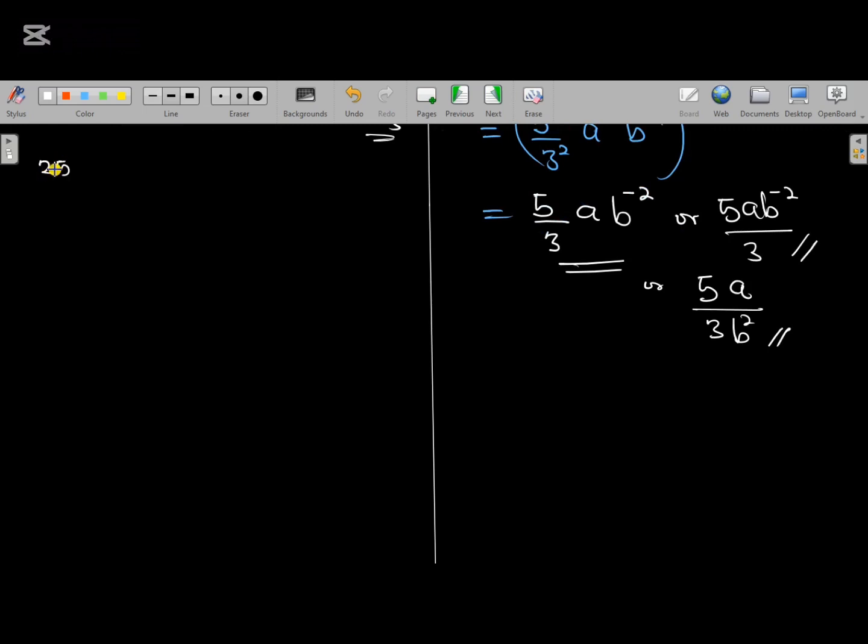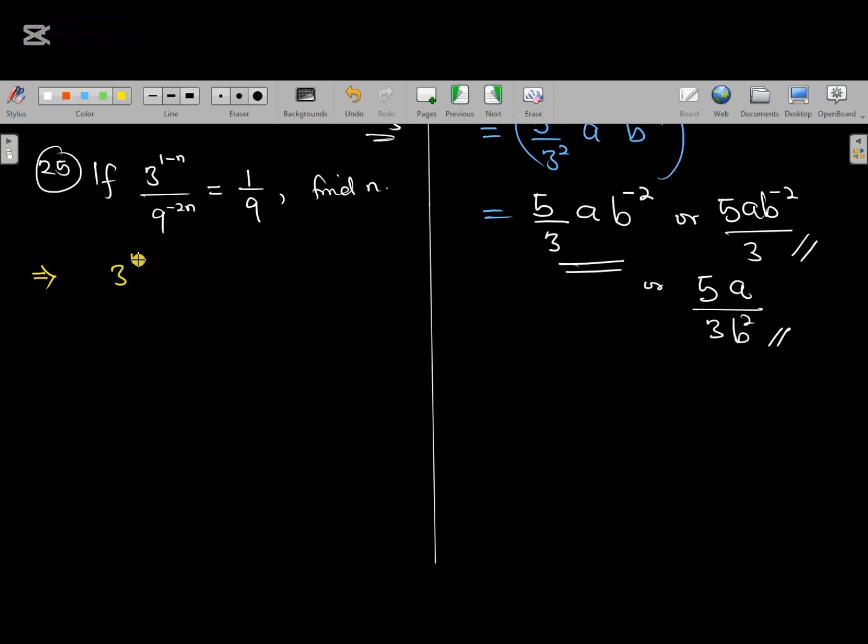Okay, so we are already at 25, and 25 says if 3 to the power of 1 minus n all over this is equal to this, you should find the value of n. Here again, everything can be written in base 3, so you try to do that.